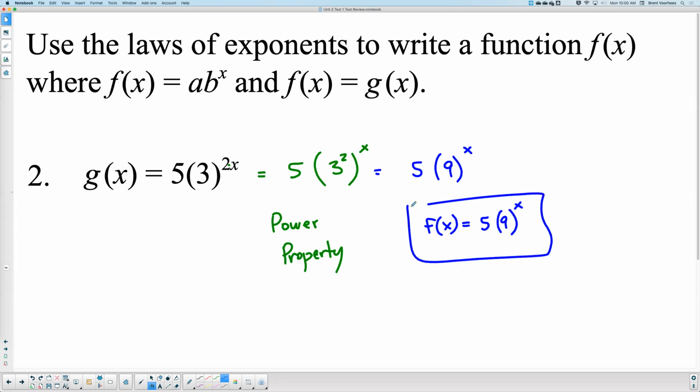And again, if you want to make it specific, what is a now? 5. So a remained unchanged. B became 9. You might remember it this way. Talking transformations here, a horizontal dilation, that's when you multiply or divide. A horizontal dilation is a change of base.